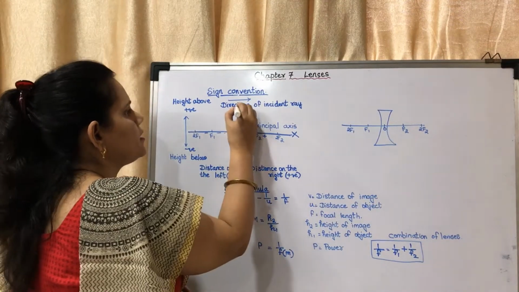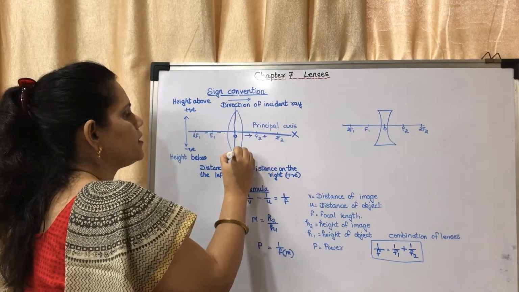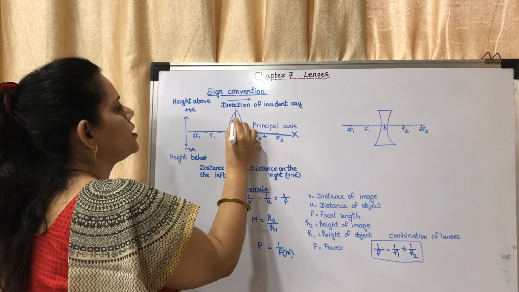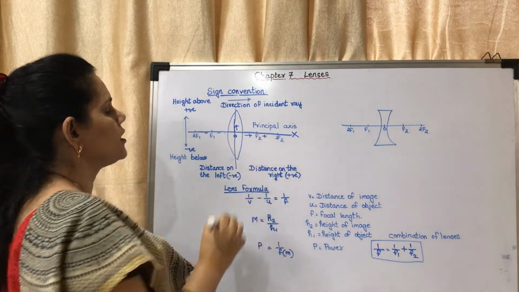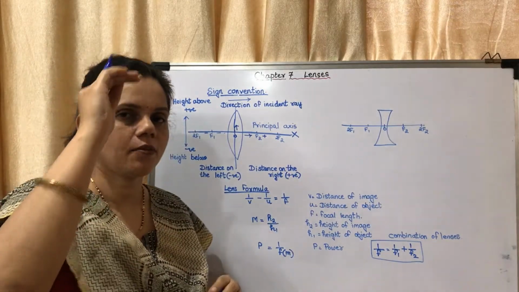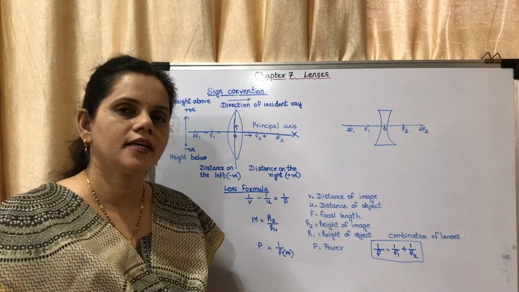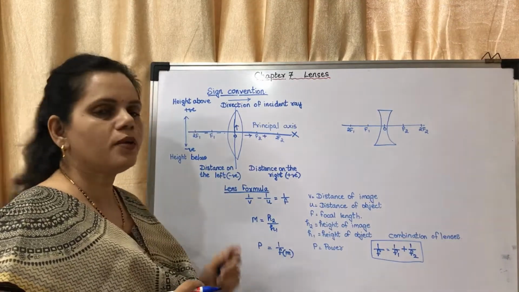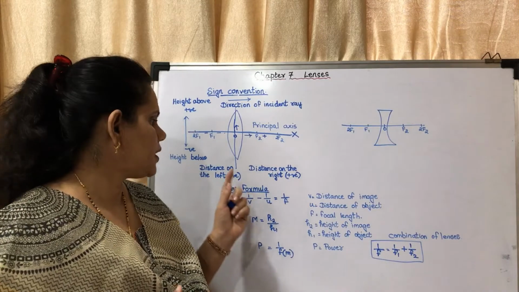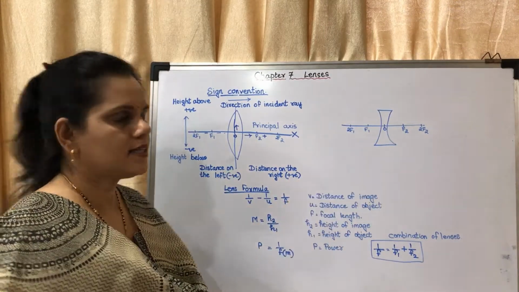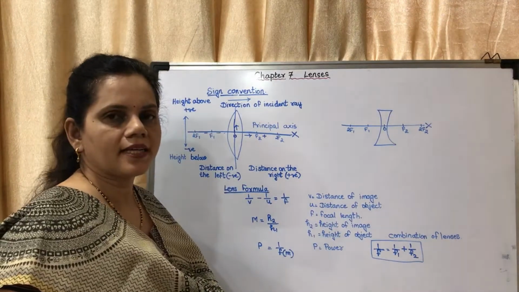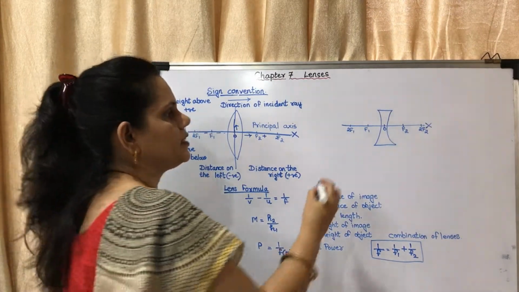Similarly, if this is the y-axis, whatever values are taken towards up, the height above that line is taken as positive, and the height below is taken as negative. Similarly, in case of concave lens, the principal axis is taken as the x-axis.